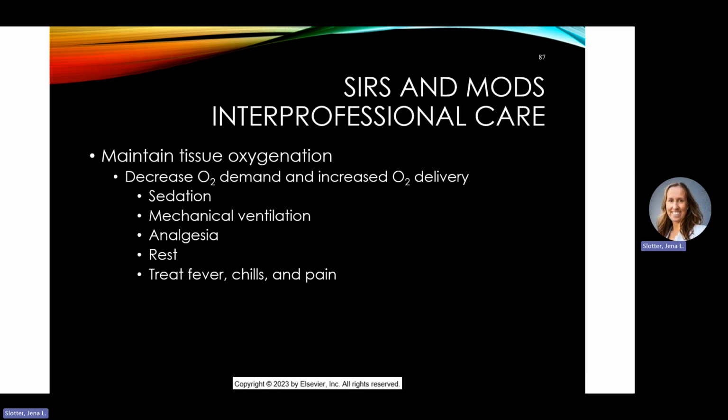Of course, we want to maintain our tissue oxygenation. So whatever we can do to decrease our O2 demand and increase our delivery. Sometimes these patients are going to be sedated and on a ventilator just to decrease the workload and allow the oxygen to be used in the most important areas. So obviously analgesia, rest, and treating fever, chills, pain, because once again, those are increasing our O2 demand and our metabolism.